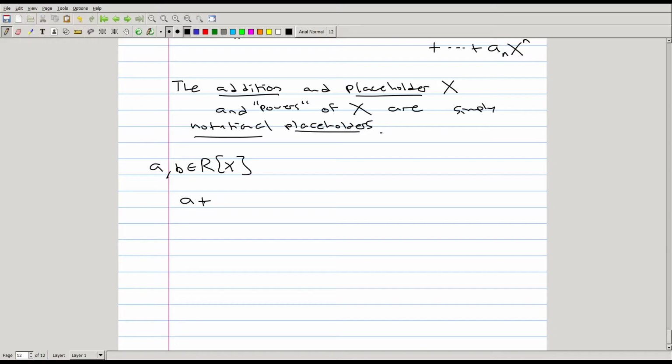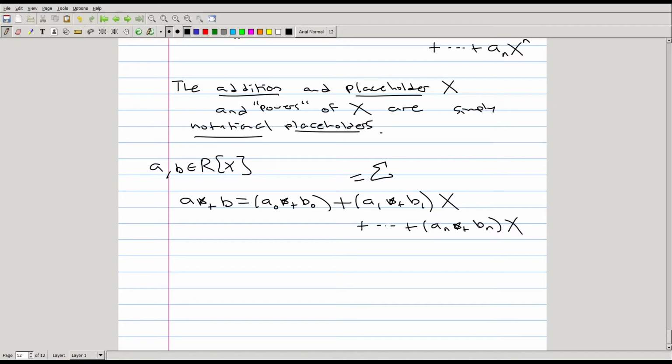a star plus b, the ring operation is going to be a naught star plus b naught, and plus a1 star plus b1 x, plus all the way up to an star plus bn, which has a simpler expression in terms of standard summation notation.